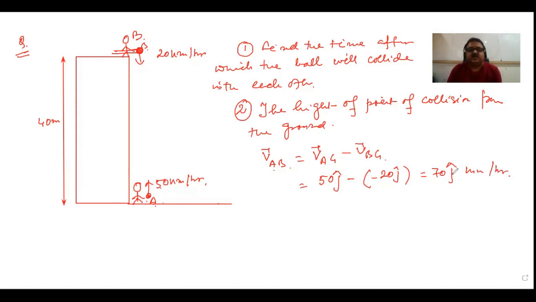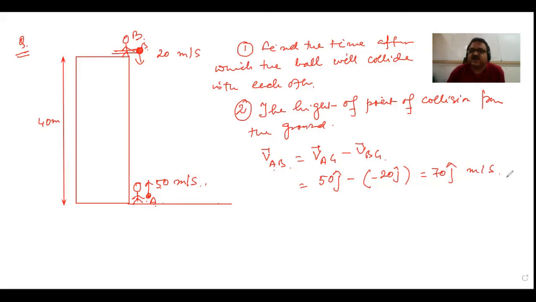Now, let's do one thing. Don't make it kilometer per hour, make it meter per second. Now, when we throw anything upward or downward, it is under the control of gravity.